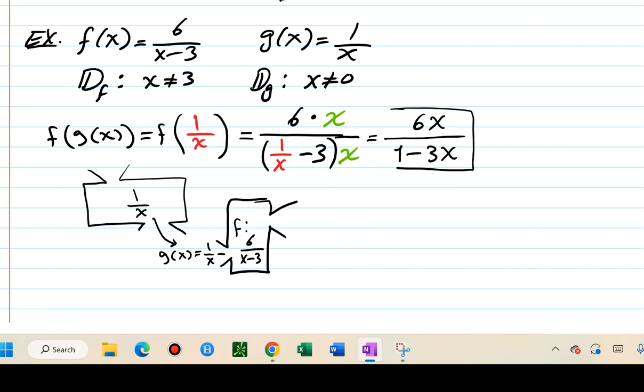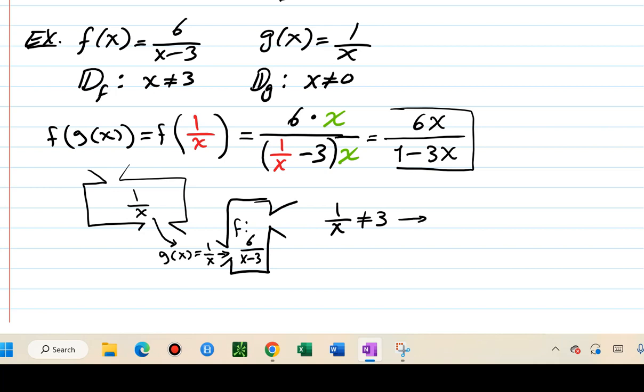So what goes in here? Again, remember, f cannot process a 3. So any output from g that feeds a 3 into function f will cause this machine to cease to work. Therefore, the inputs into f cannot be 3. These are the outputs from g. They cannot be 3.